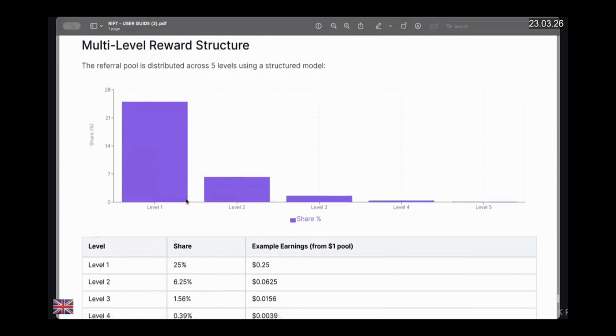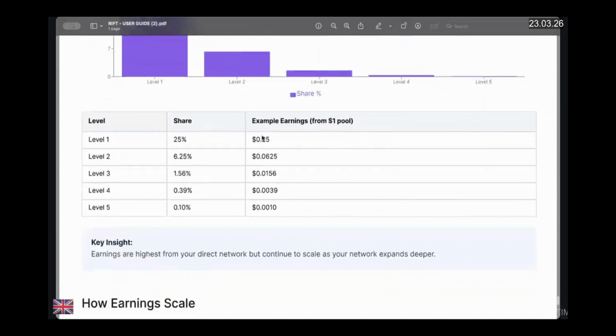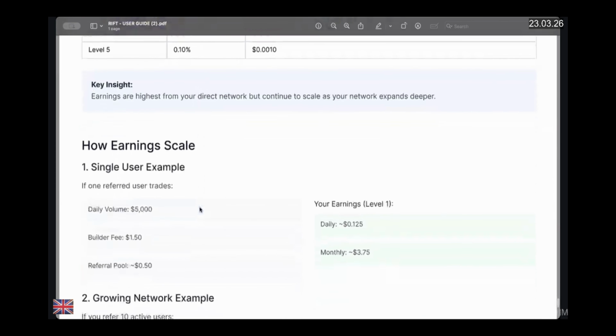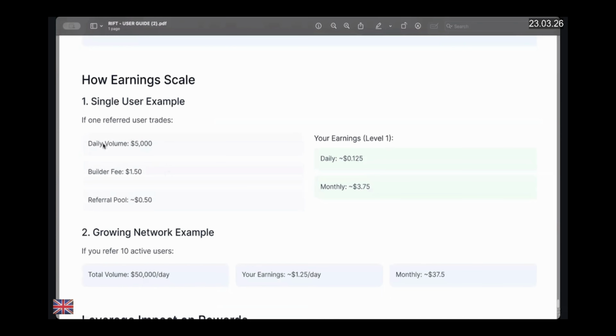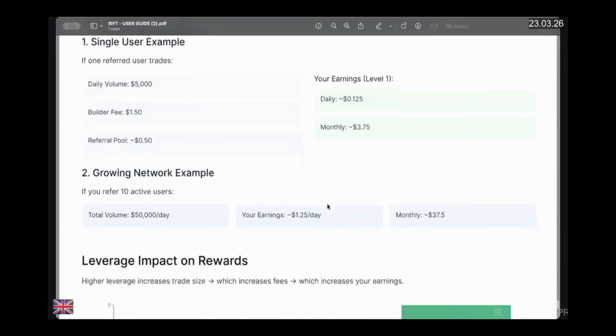Then there is a 5 level structure in which the fee is divided at 25%, 6.25%, 1.56%, 0.39%, and 0.10%. So if the daily volume of traders under you on level 1 is around $5,000, the daily earning will be $0.125 and monthly will be $3.75.